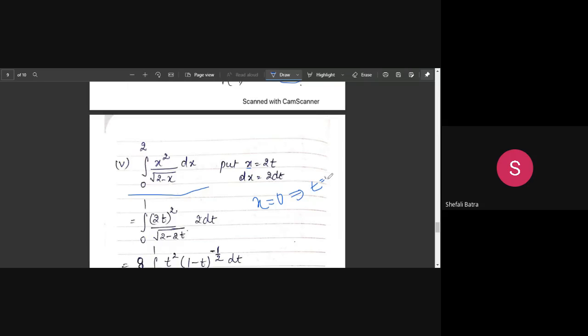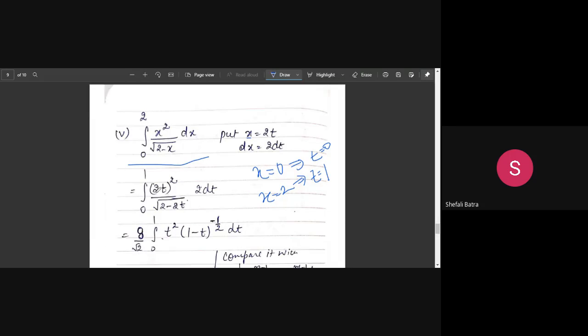If x is equal to 2, then t is equal to 2 by 2, that is 1. So the limit would be 0 to 1, 2t times square root of (2 minus 2t) into 2 dt. Right? So from here you'll be simplifying: 8 by under root 2, t to the power 1 into (1 minus t) to the power minus half dt.